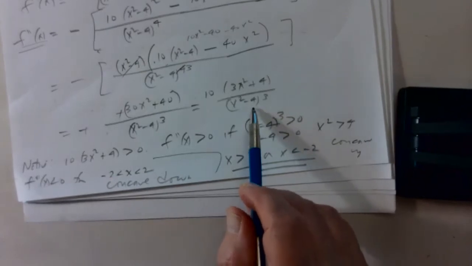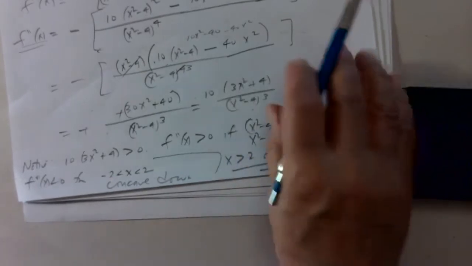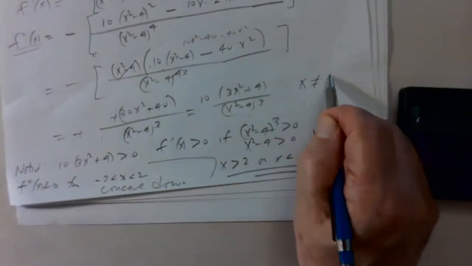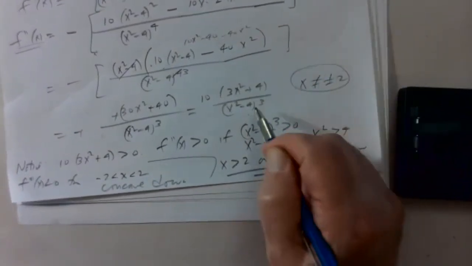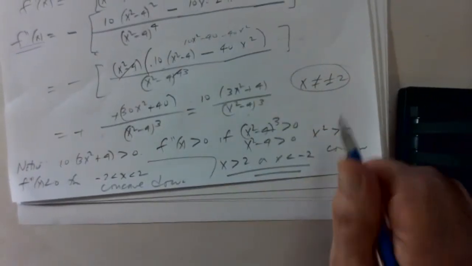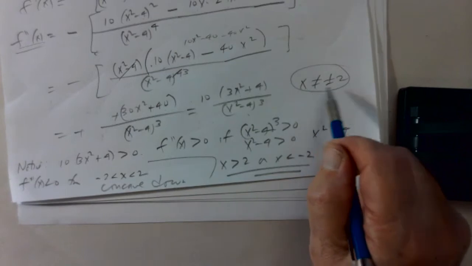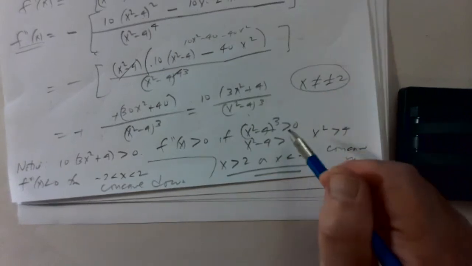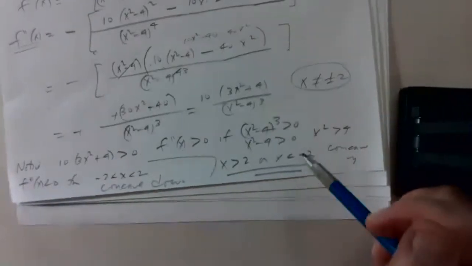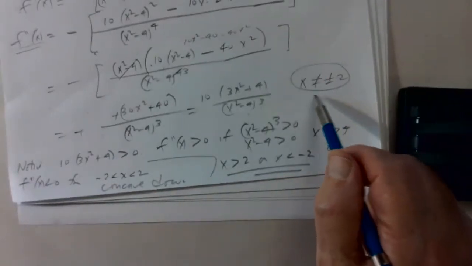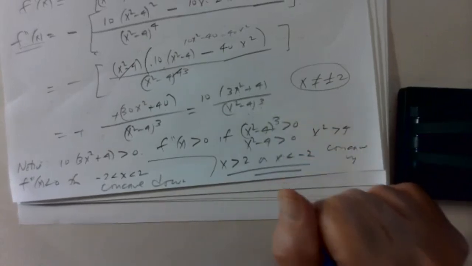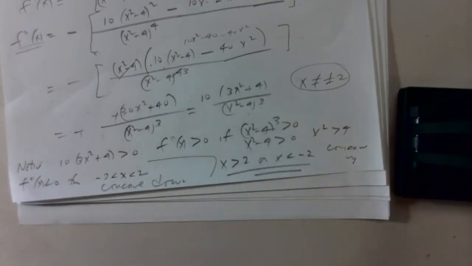It's not defined when the denominator is 0. So this is only defined for x not equal to plus or minus 2, because the denominator can't be 0. For x less than negative 2 or greater than plus 2, the second derivative is positive and the curve is concave up. For x between negative 2 and plus 2, the second derivative is negative, and the curve is concave down.